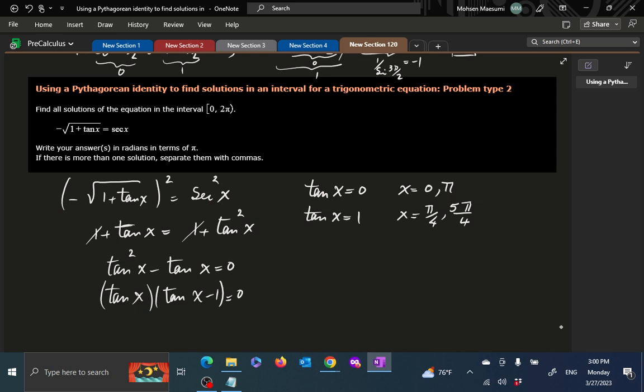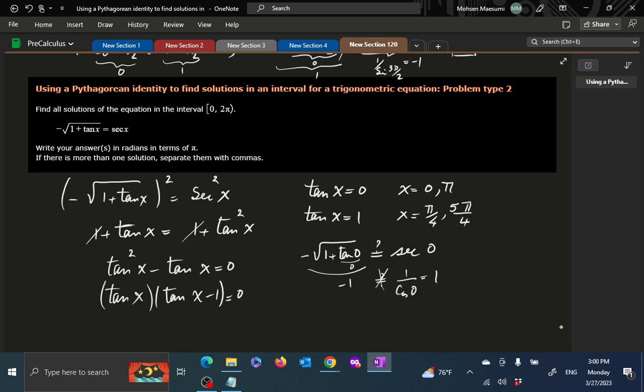Okay, come to test. 0: minus radical 1 plus tangent of 0. Is that the same as secant of 0? Well, tangent of 0 is 0, so this side is minus 1. And secant of 0 is 1 over cosine of 0. Cosine of 0 is 1, and this is 1. The two don't match. Minus 1 is not the same as 1.